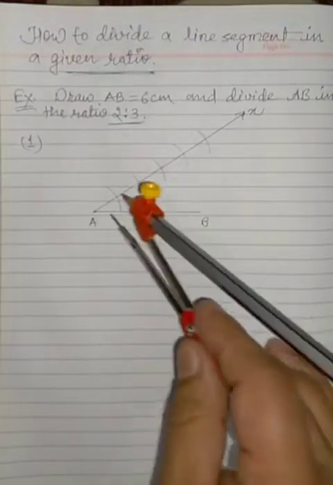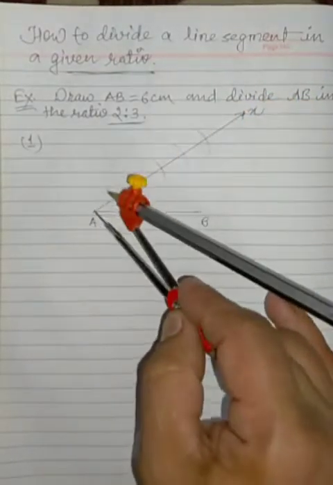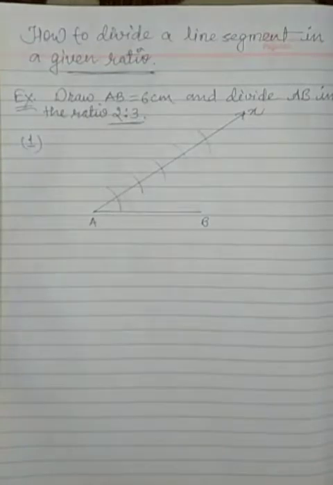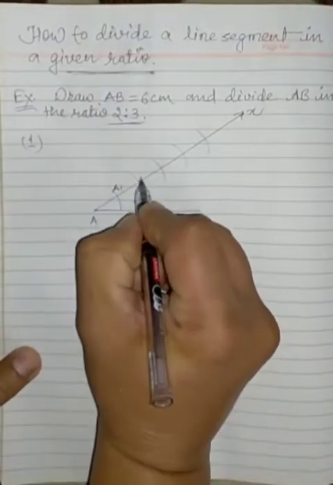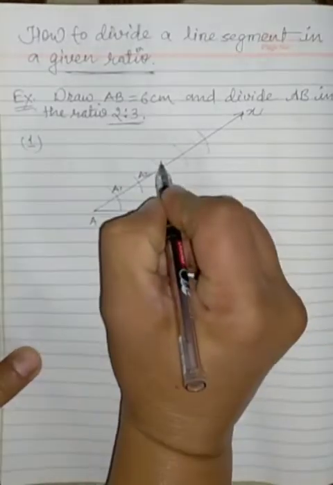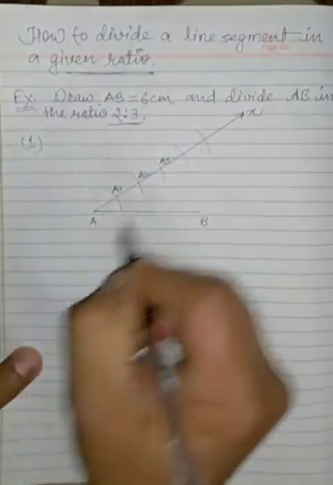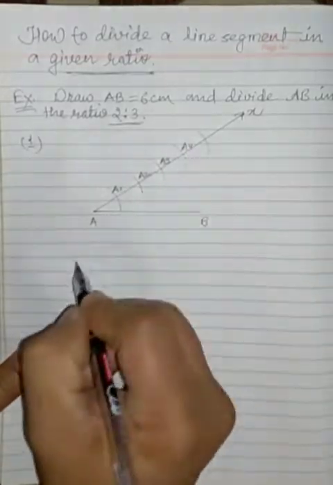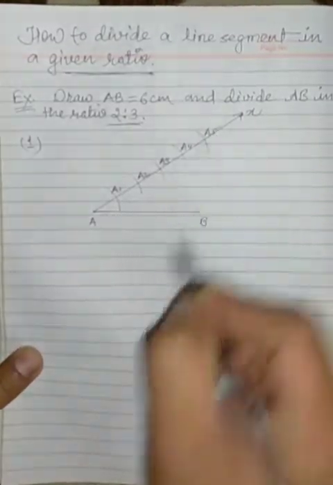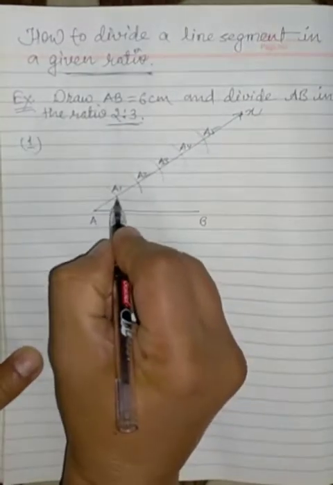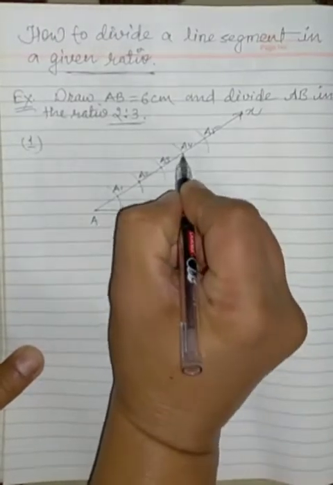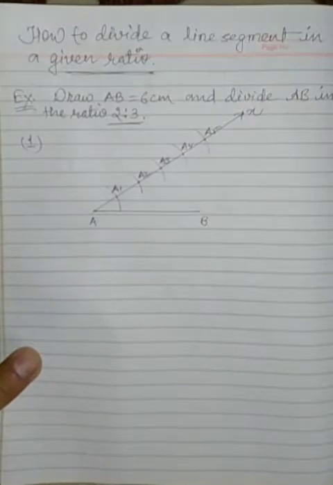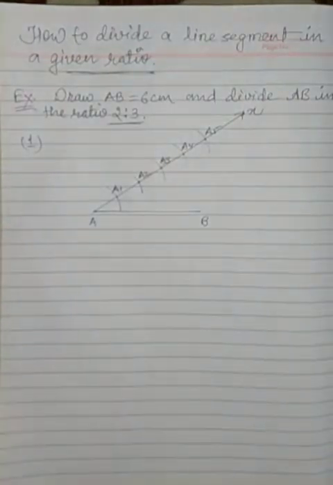So here we have drawn 5 arcs on the ray AX. Let us name them A1, A2, A3, A4 and A5. So these are the 5 points: 1, 2, 3, 4 and 5.